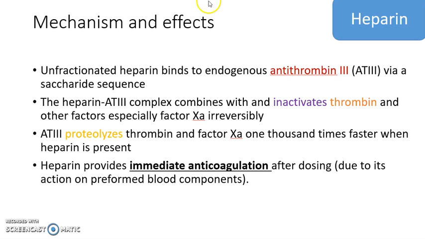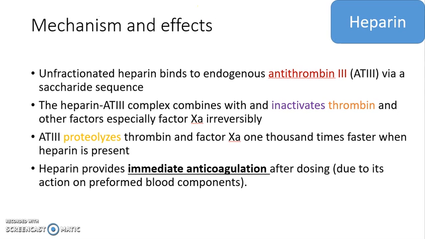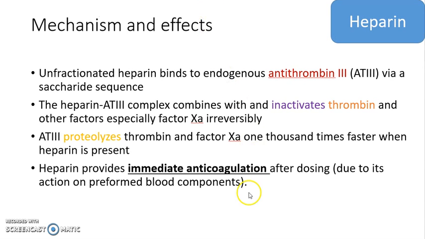So what is the mechanism of heparin? What are the effects of heparin? The unfractionated heparin binds to endogenous antithrombin 3 via a saccharide sequence.